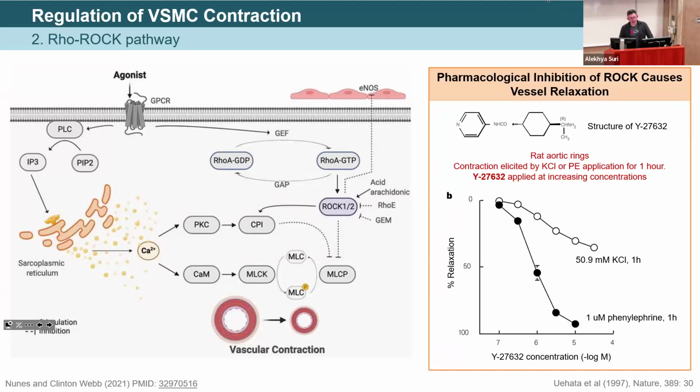The other thing that they did is to apply an alpha receptor agonist, which is called phenylephrine. The phenylephrine activates the alpha-1 receptors, and that triggers contraction, right?